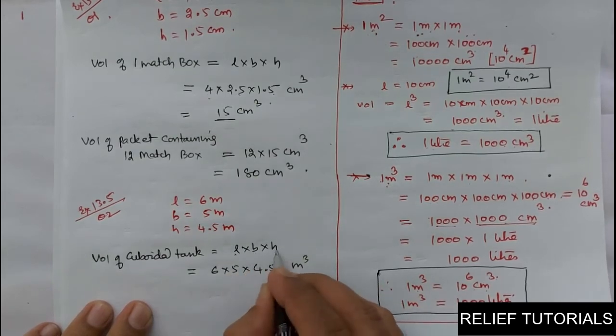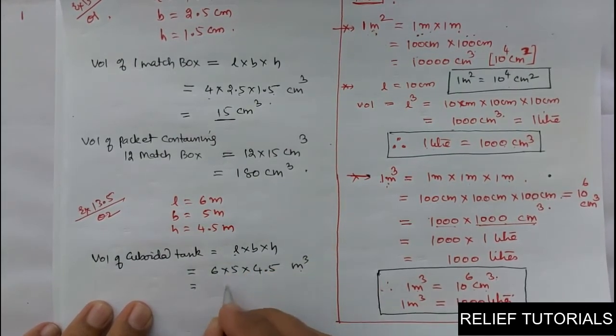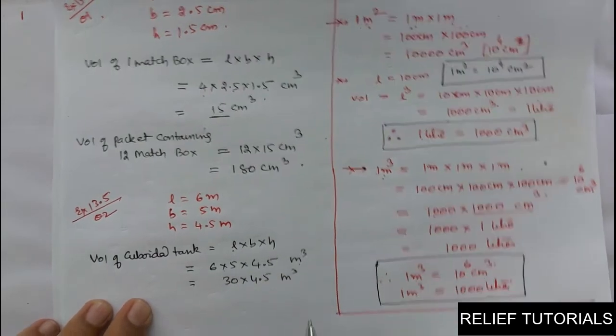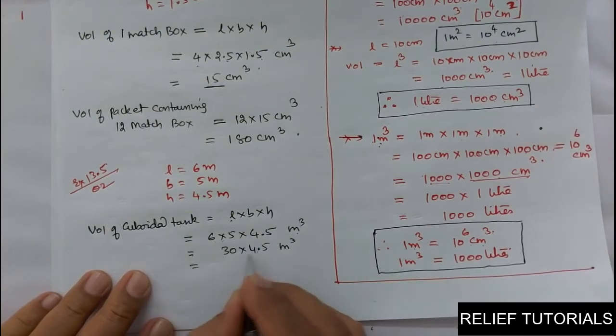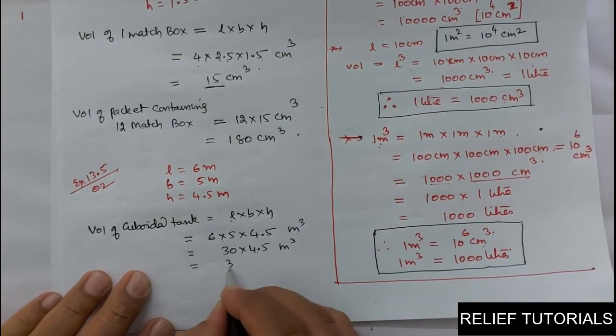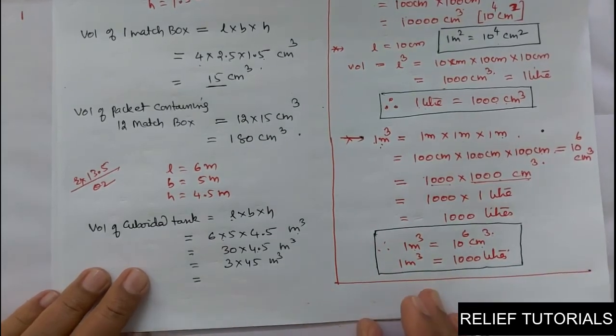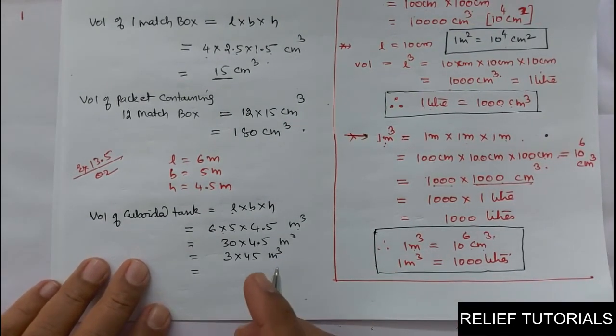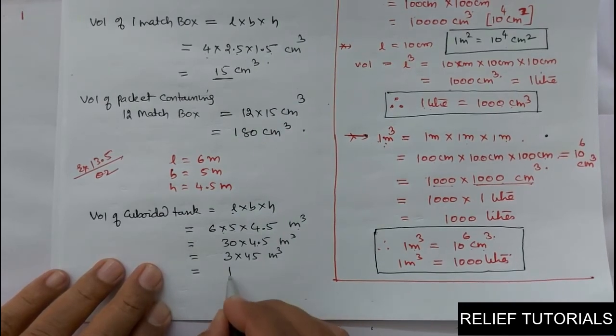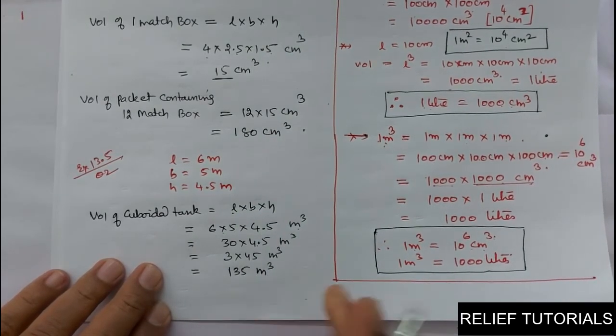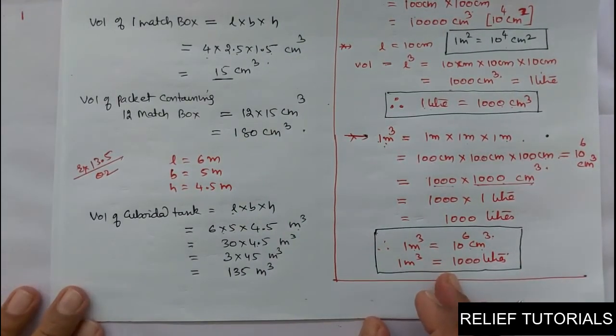Because meter cube. 6 into 5, 30. 30 into 4.5 meter cube. So in 4.5, this point goes, so here it becomes 3 into 45 meter cube, and 45 threes are 135 meter cube. So this is the volume of the cuboidal tank.